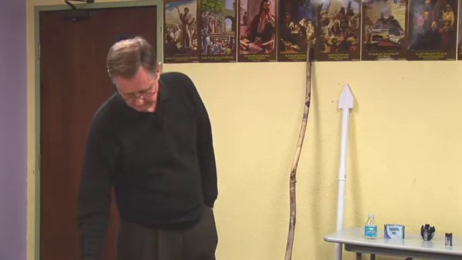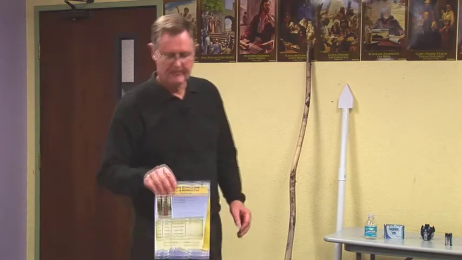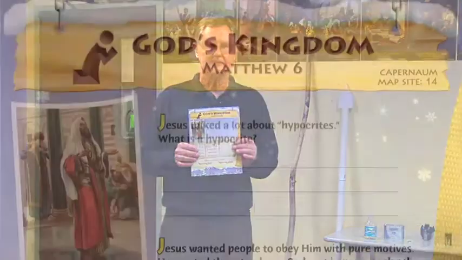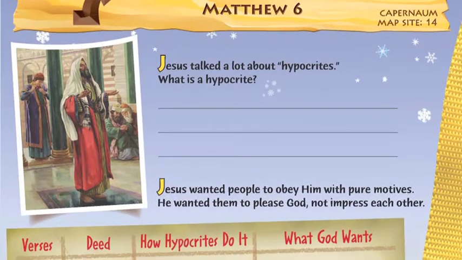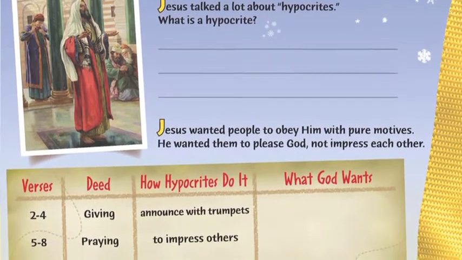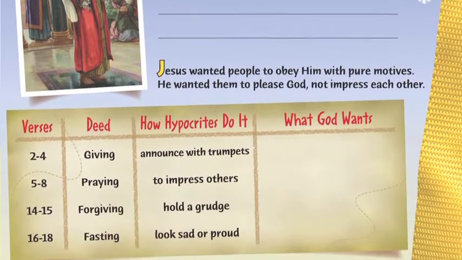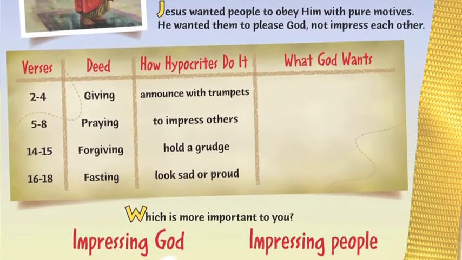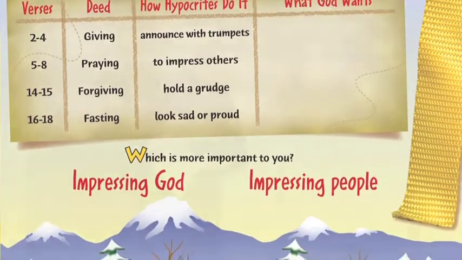Now, I want to come back to something called the Disciple Guide. This Disciple Guide is going to offer you the opportunity to involve your kids in reading the scriptures and doing something after they read the scriptures. You'll notice that there are 1, 2, and 3 pages for them to do in the class.